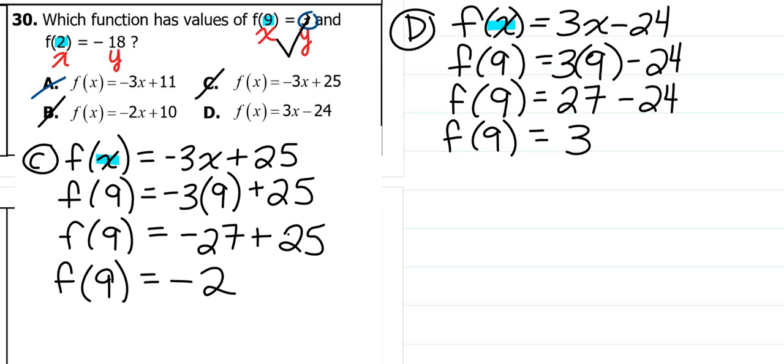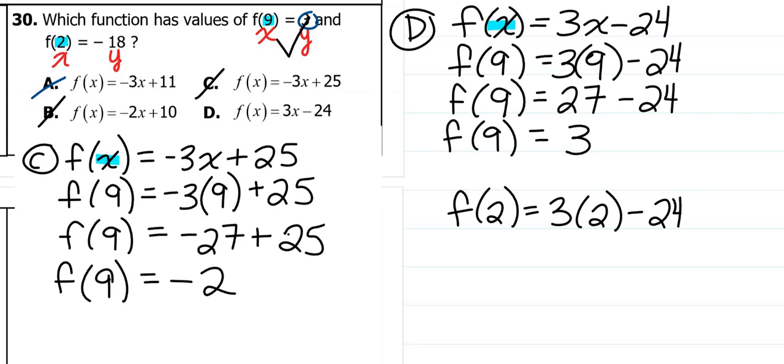So one more time. Now we're doing f of 2. And we're plugging it into 3x minus 24. So 3 times 2 minus 24. F of 2 equals 3 times 2, which is 6, minus 24.